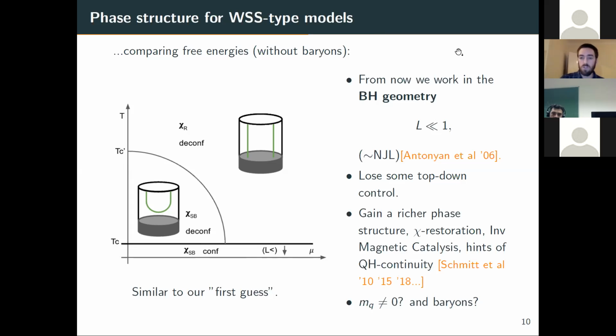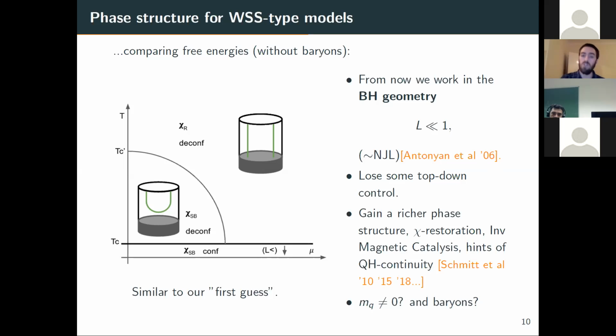This is good in some senses and bad in some others. It's good because it allows me to get closer, as shown in this paper here, to some models like NJL. It's bad because it makes me lose some top-down control about what's happening. And it's, again, good because it gives me a richer phase structure of the model.